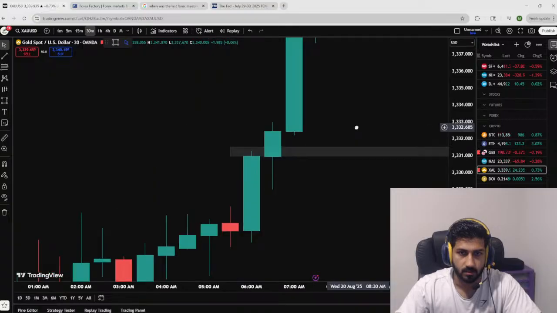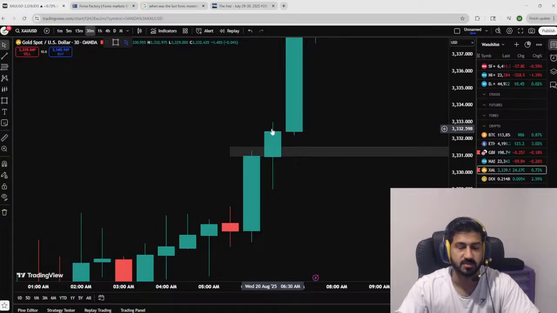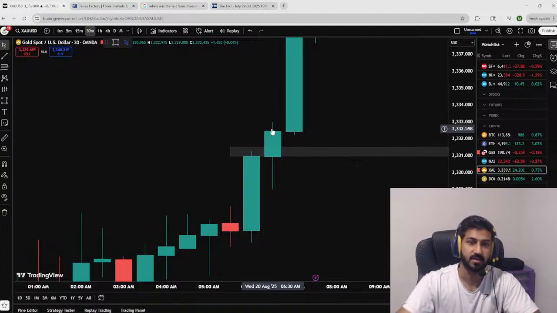If the candle did not have a wick, then there would be a possibility for the next candle to have an exhaustion. But it had a wick.